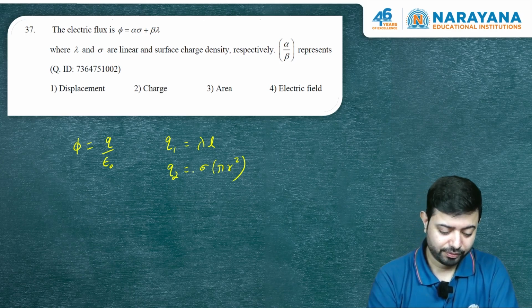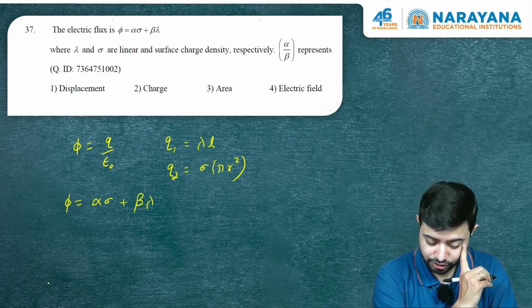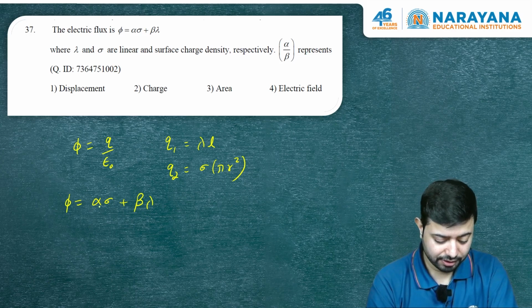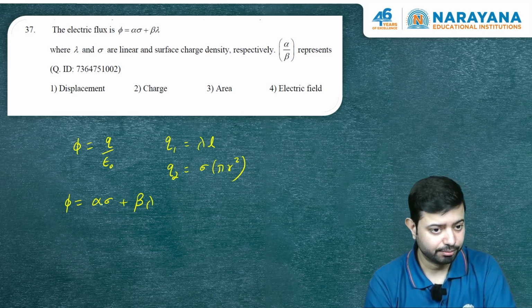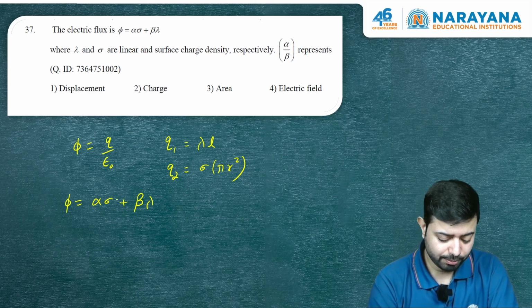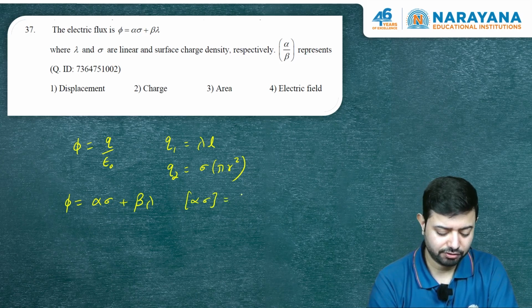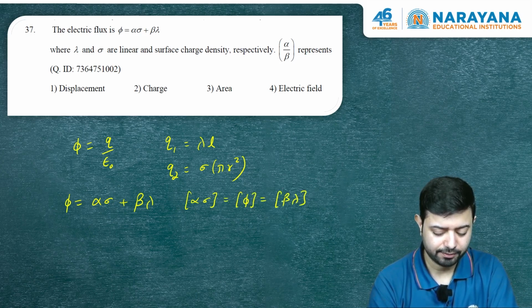Now, if I look at the flux formula which they have given, alpha sigma plus beta lambda, correct. What should be alpha and beta? Well, you can apply the principle of homogeneity, right. The dimension formula of alpha sigma should be the dimension formula of the flux, which should be the dimension formula of beta lambda.